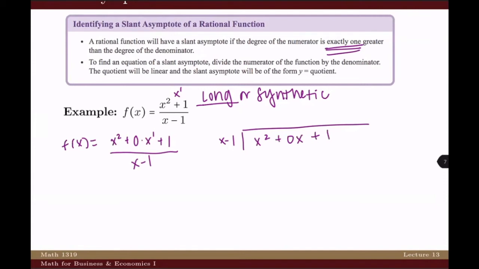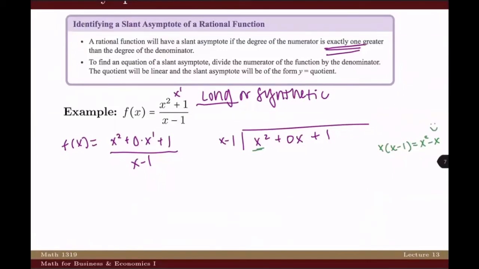Looking at x minus 1, we want to figure out how we can multiply it to get x squared, right? I know that x times x minus 1 equals x squared minus x. And I'm trying to cancel out this x squared term. So this is actually good. We want this.